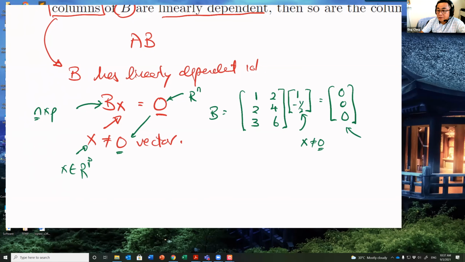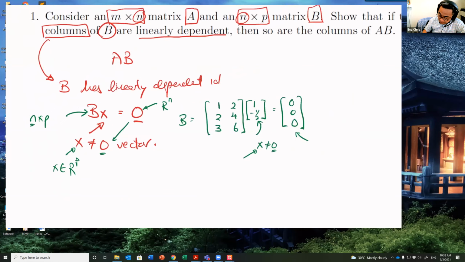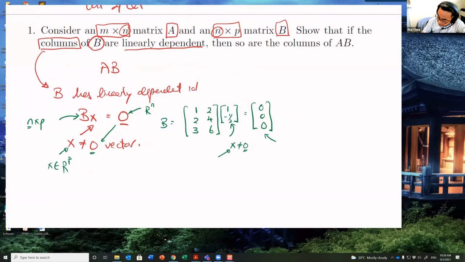It is obvious why this x produces Bx equals 0, because dependent column basically means that I can find another column that will subtract from whatever I have now, and then make the sum 0. So the question now is, what about AB?